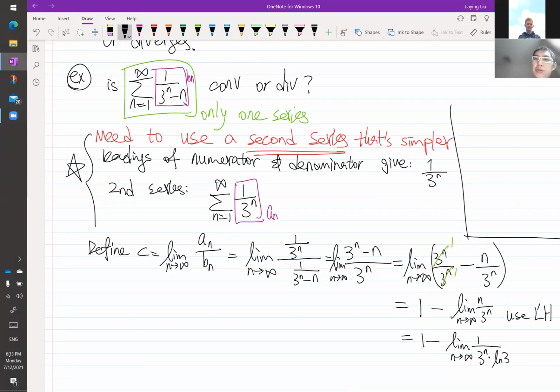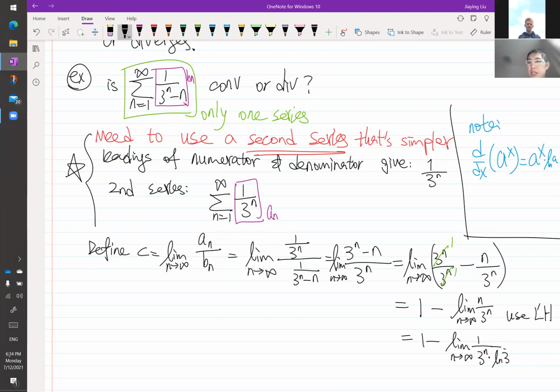Just in case you don't remember, note that d/dx of a to the x is a to the x times natural log of a. That's the special rule I'm applying here.